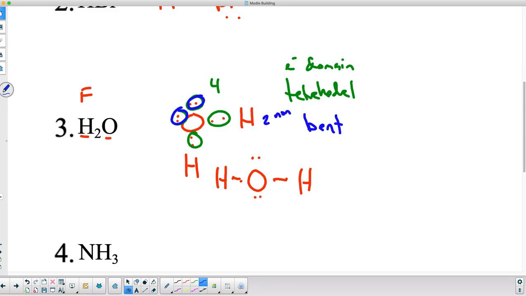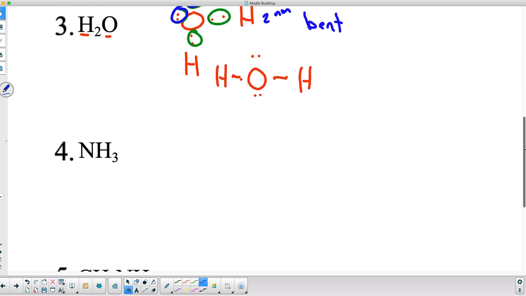So let's keep going. So what do we have for NH3? Well, NH3, the N, remember H is a terminal atom, so I have N that looks like this. Those single electrons are perfect for bonding for hydrogen. So I bond there, and I bond there, like that. How many electron domains do we have?